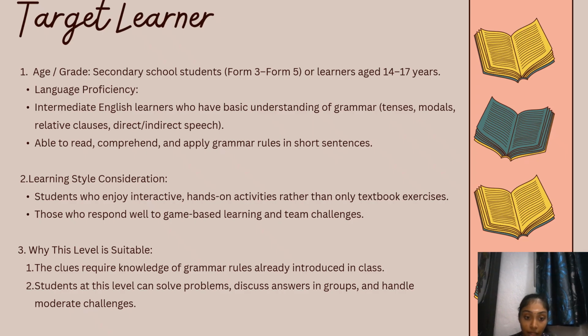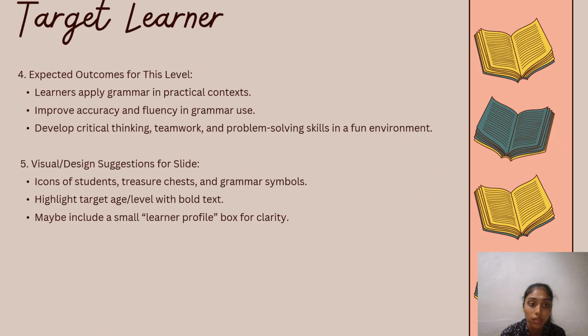Students at this level can solve problems, discuss answers in groups, and handle moderate challenges. Number 4 is expected outcomes: learners apply grammar in practical contexts, improve accuracy and fluency in grammar use, and develop critical thinking, teamwork, and problem-solving skills in a fun environment.